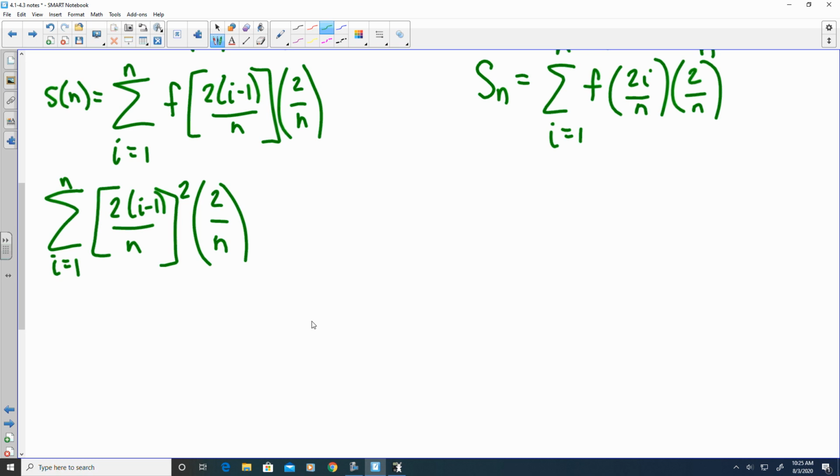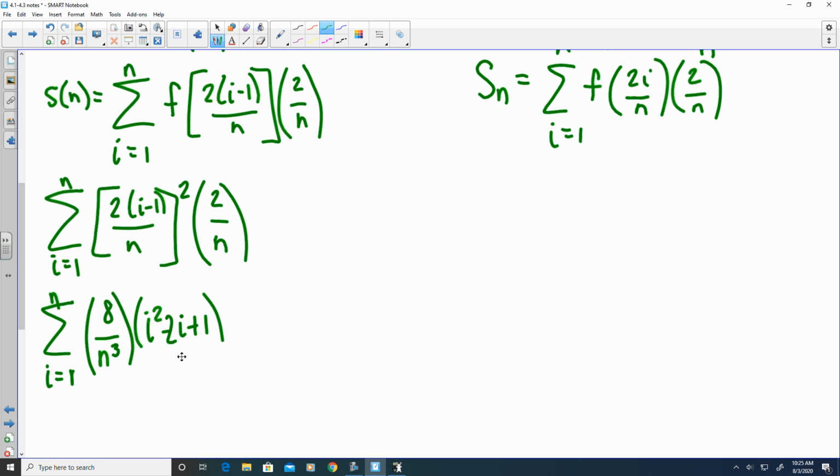This would have to be FOILed out, the i minus 1 squared. And there's going to be an 8 when we square the 2 and then multiply it by the other 2, and then the n squared and the n. We're going to have 8 over n cubed outside, and then i squared minus 2i plus 1.